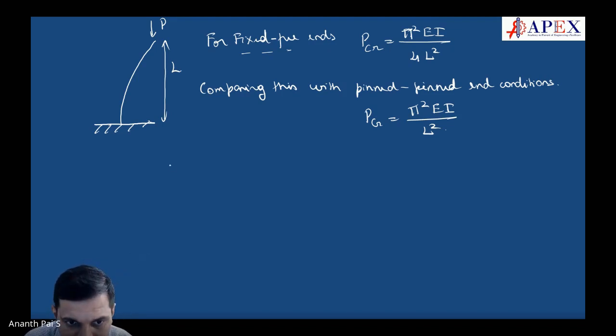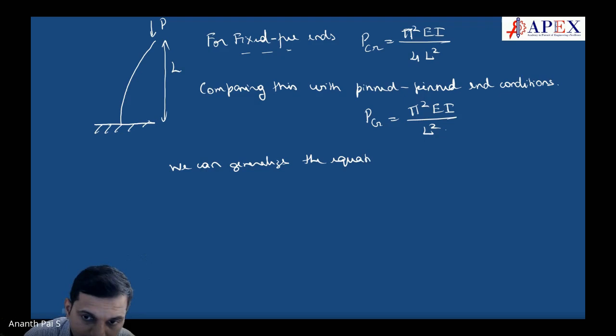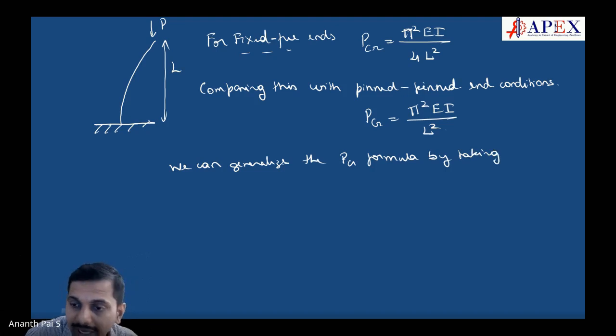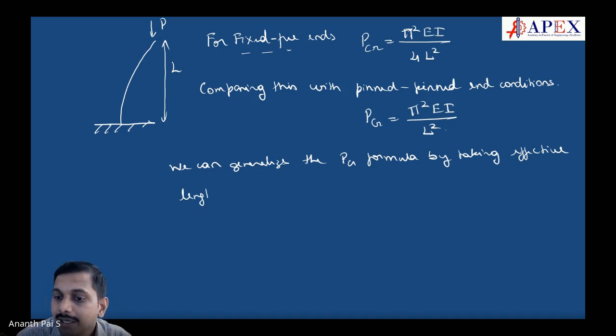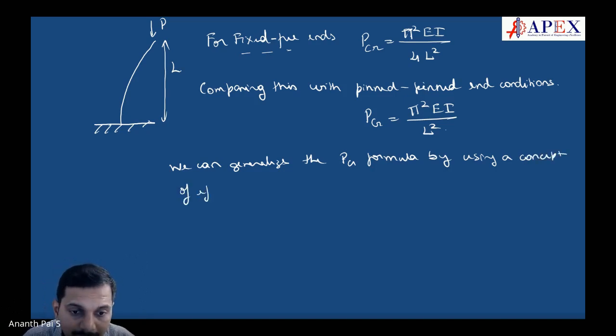We can generalize the equation in the P critical formula by taking effective lengths, or by using the concept of effective length.